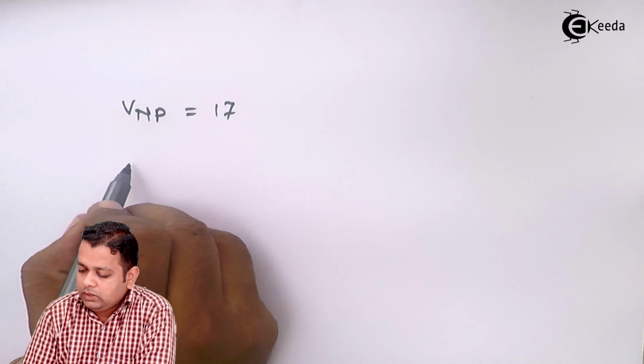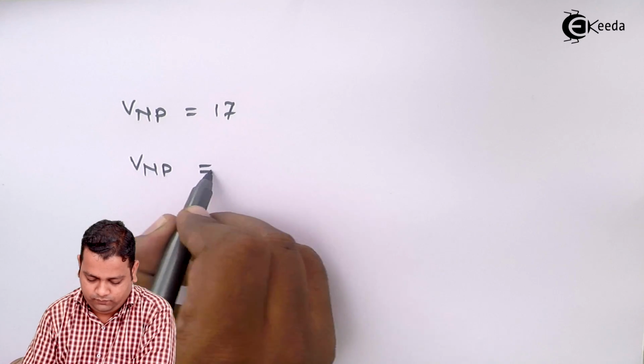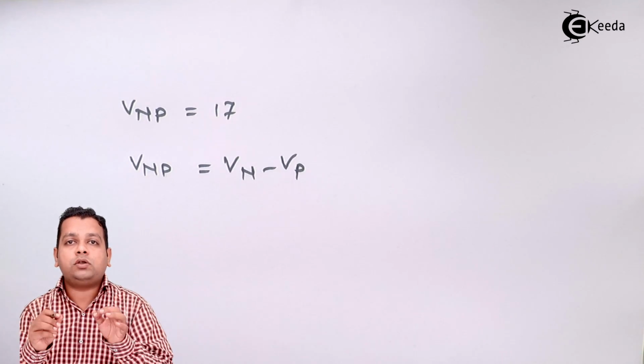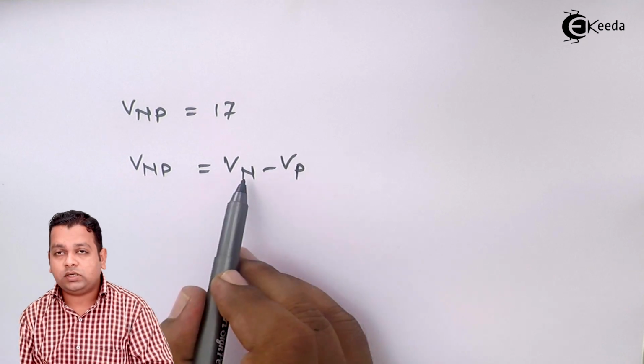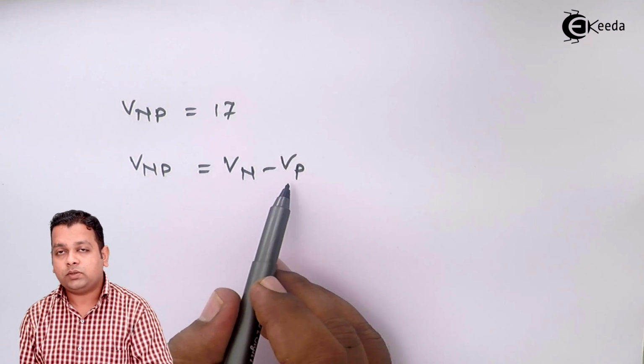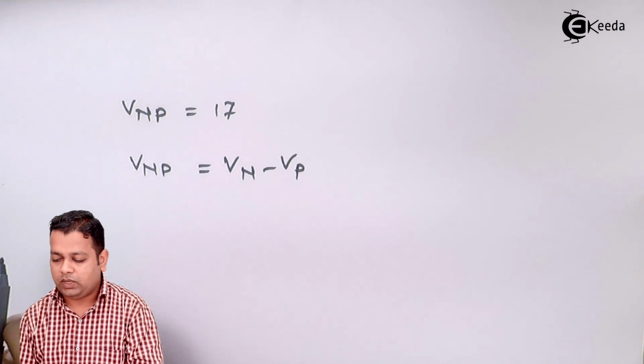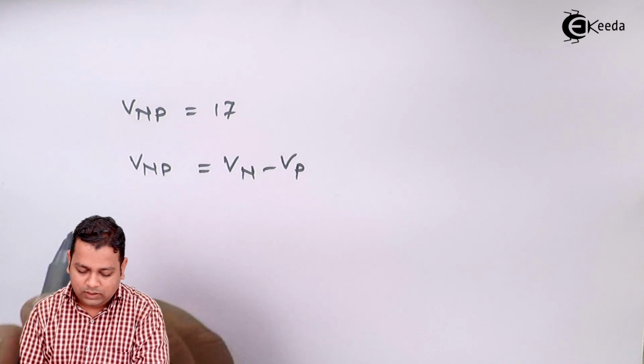Now VNP is actually Vn minus Vp, what we exactly call the potential difference. The potential at point N minus the potential at point P. Hence we write Vn minus Vp, so this is equal to 17.